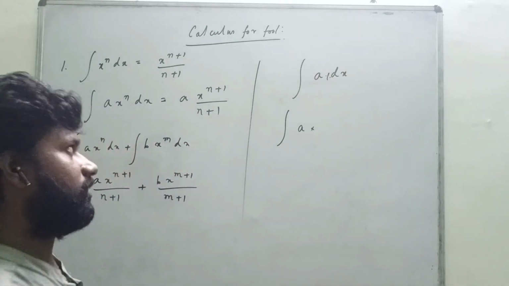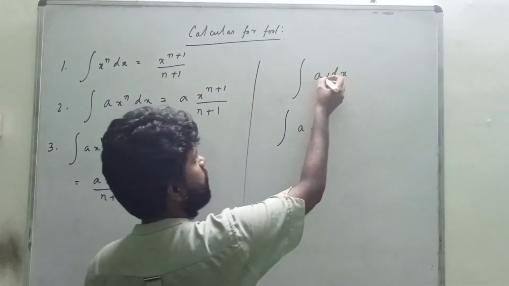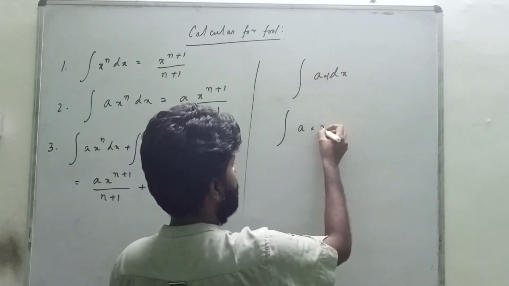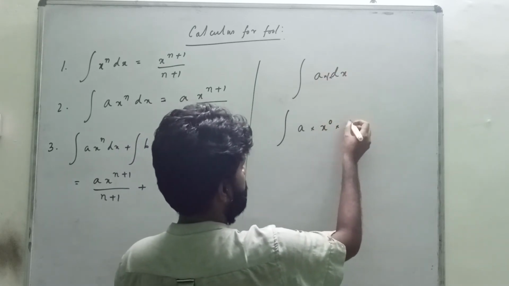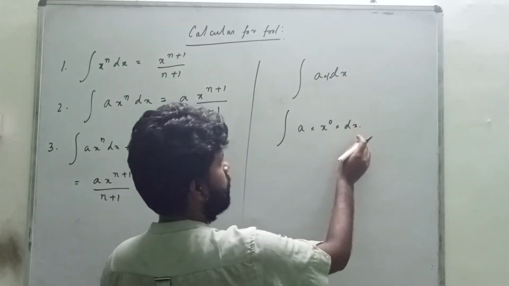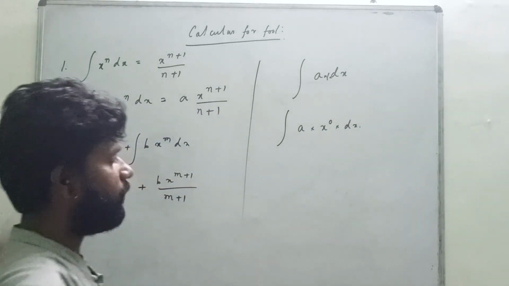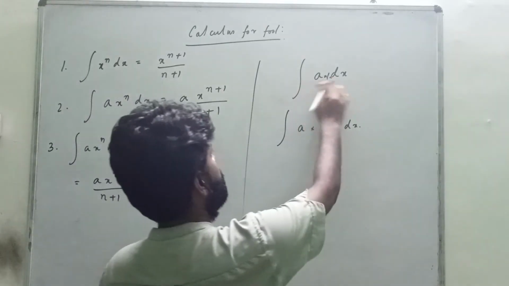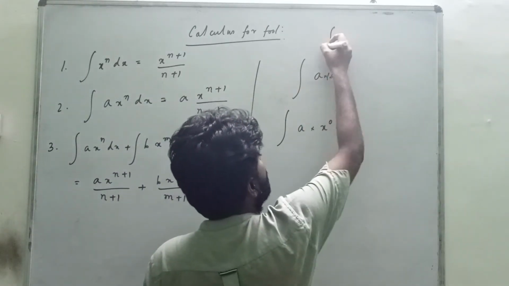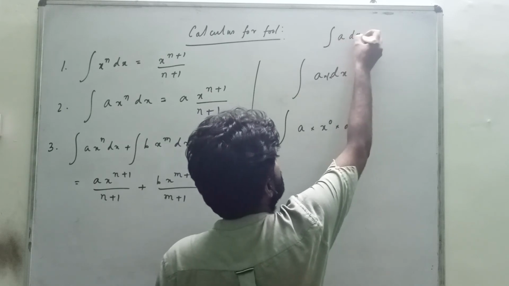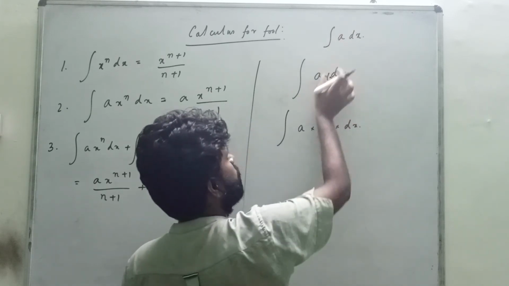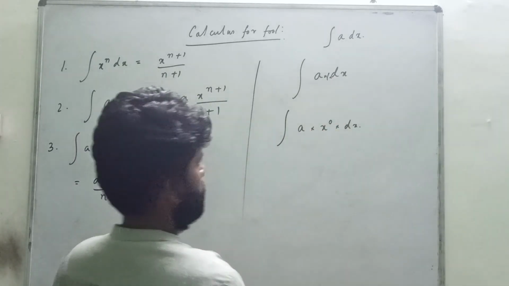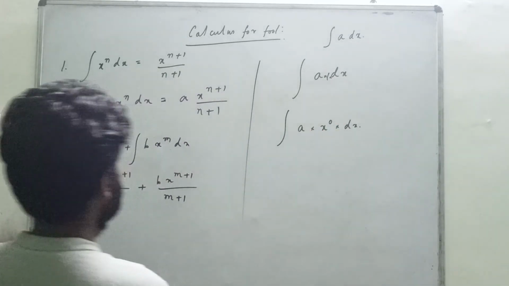A into 1 is obviously a, right? So a into 1 into dx. And 1 means x power 0, right? Because something to the power 0 is actually 1. So if there is a into dx, just write it a into 1 into dx, the same thing, and instead of 1 you can write x power 0.